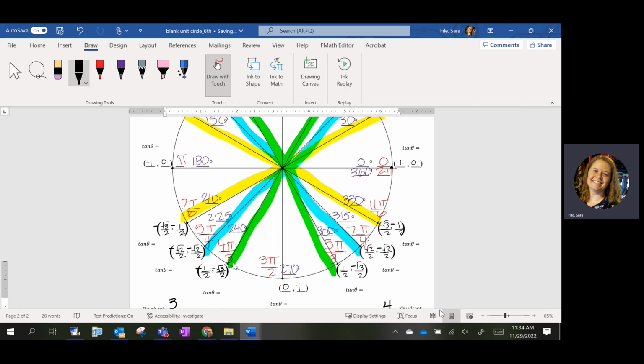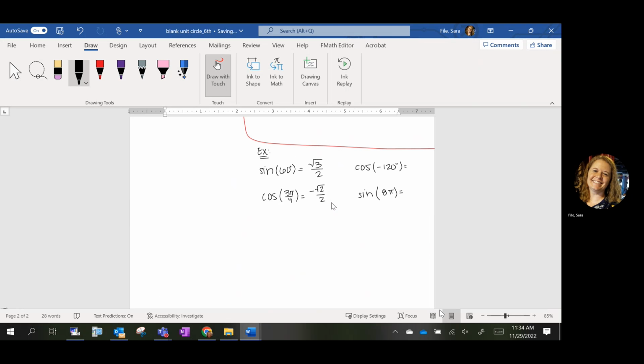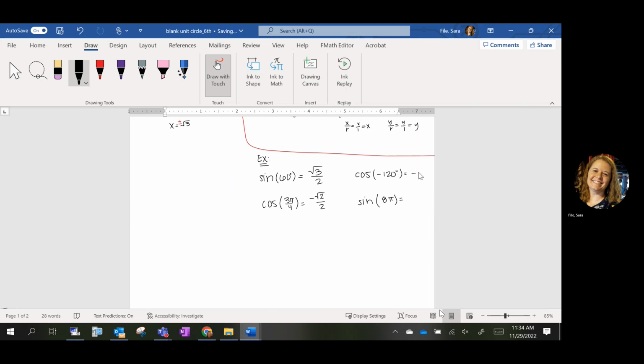What is cosine here? Yeah, it's the X, negative 1/2. If you need to make a note, you may want to mark here that negative 120 was coterminal with 240. So we looked at 240 on the unit circle because those are coterminal.